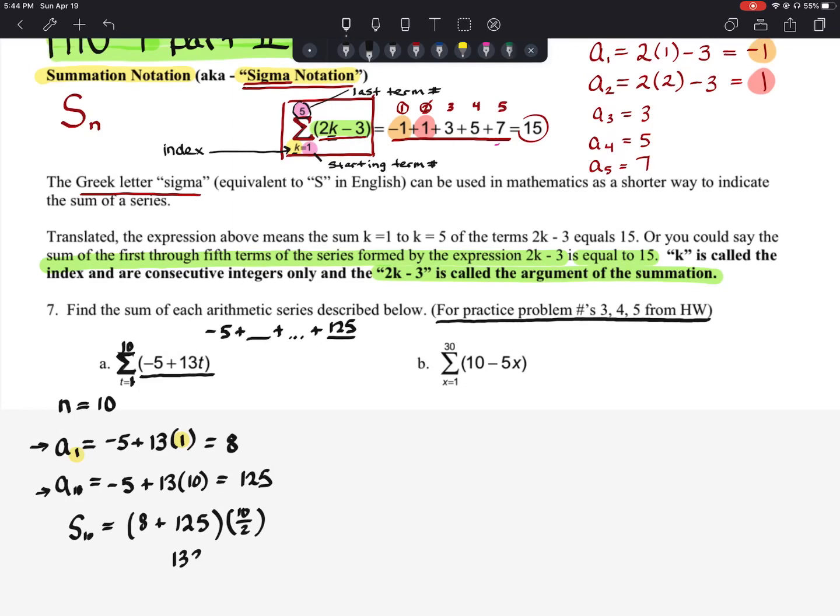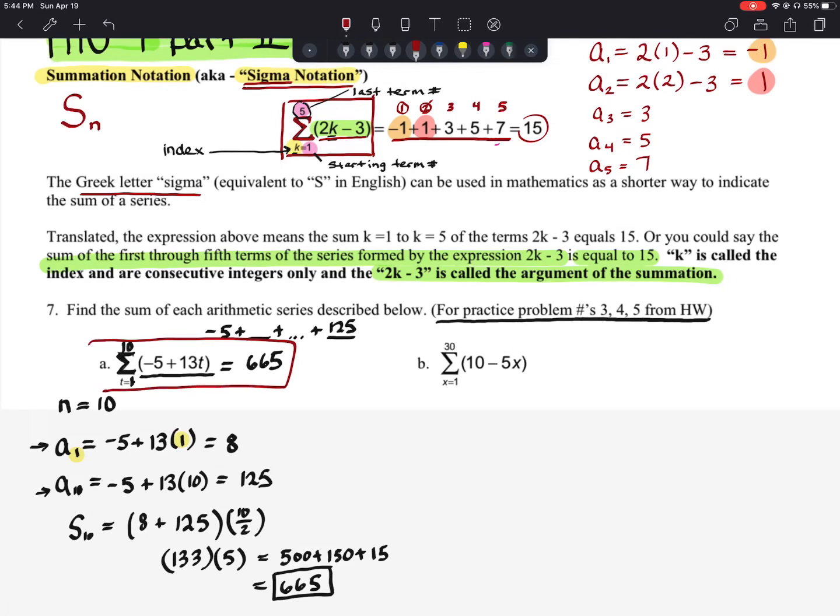Now we have 133 times 5, and when we do that, that should be 500 plus 150 plus 15, so 665 would be the sum of the first 10 terms of that series. So we'll say that equals 665. That is our answer.